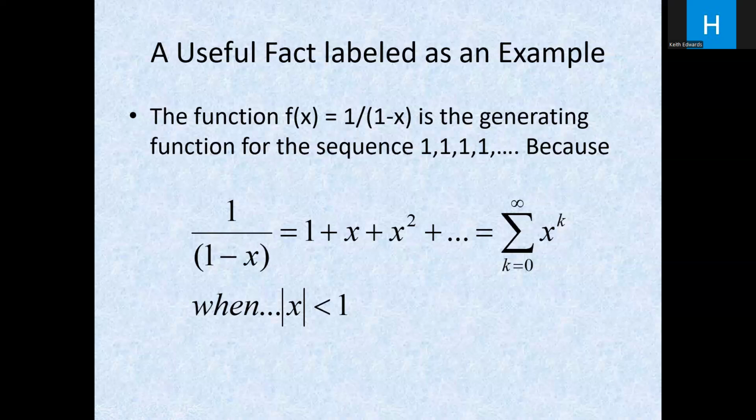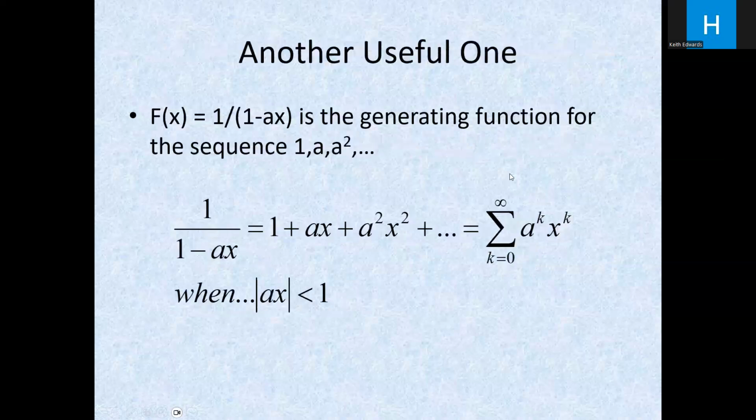You can also look it up in table 1. You don't know about table 1 yet, but it's going to be probably the most useful thing from this section. So f of x equal to 1 divided by 1 minus a times x is the generating function for the sequence 1, a, a squared, etc. And again, that's due to this combinatorial identity. And I can tell you this is also in that table 1 on page 489 of the textbook.